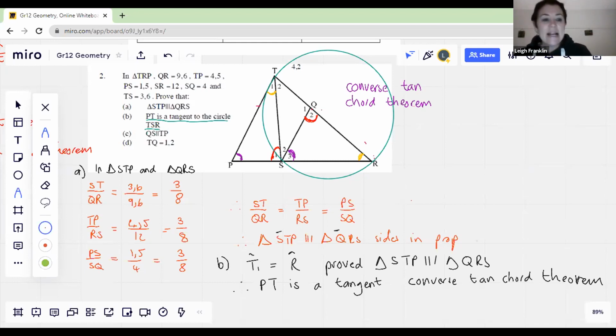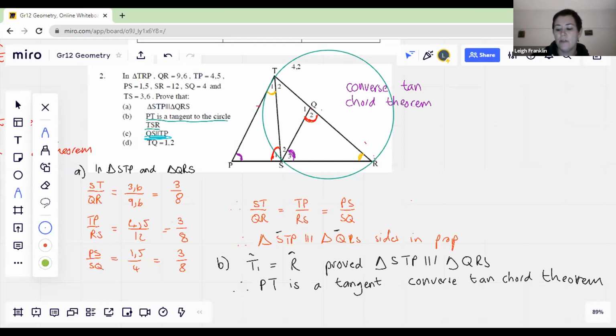Okay. All right, let's get on and answer question C, because this is also the sort of thing that they would ask us. What are they asking us to do in question C, Matrix? They want us to prove that lines are parallel. So in other words, that QS, this line over here, is parallel to TP.